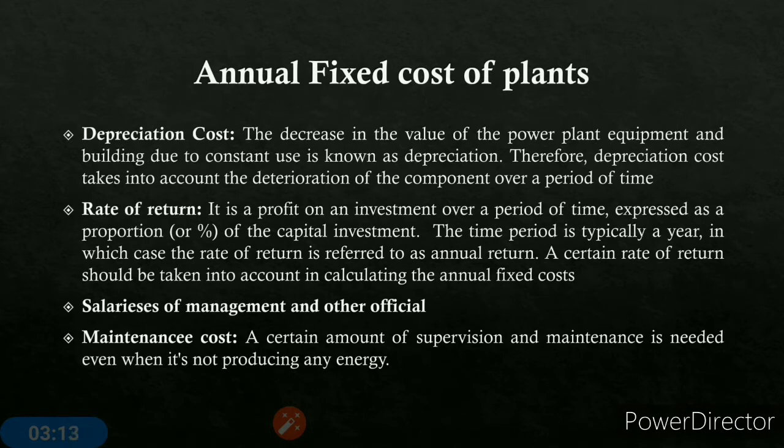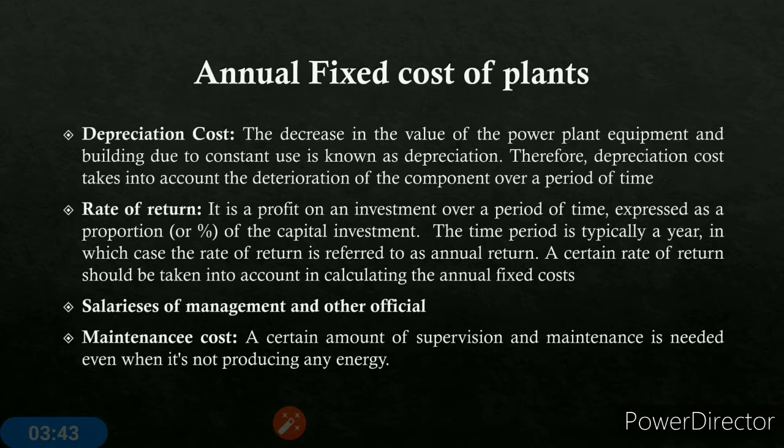Now the next term is depreciation cost. The decrease in the value of the power plant equipment and the building due to constant use is known as depreciation. Therefore it is necessary to take the depreciation of the components into account over a period of time. We know that heavy equipment deteriorates or depreciates due to wear and tear, corrosion, weathering.